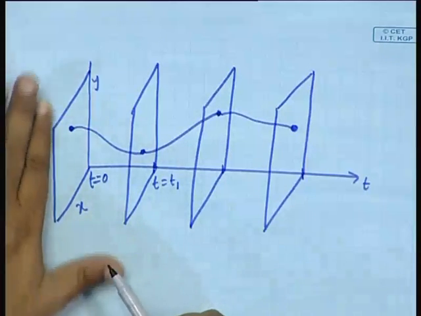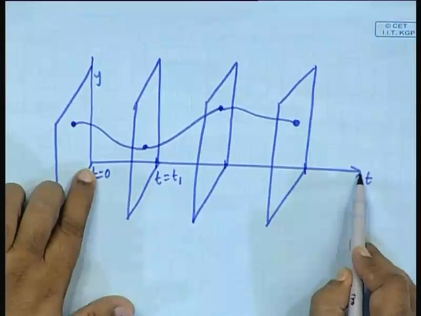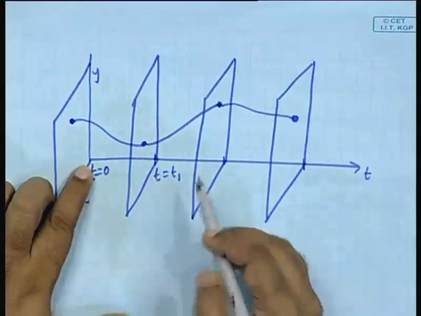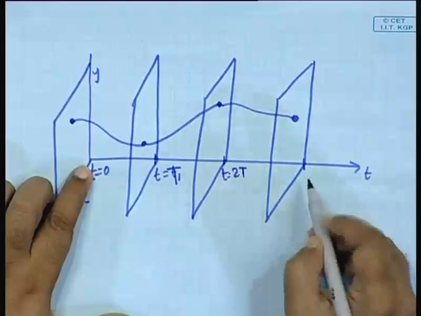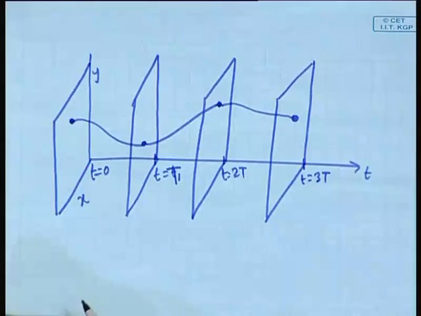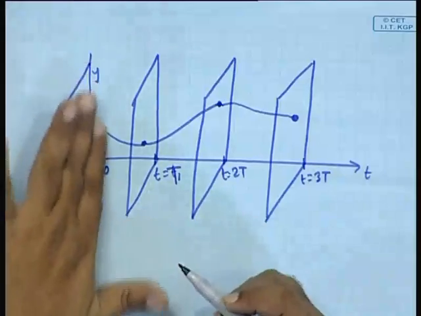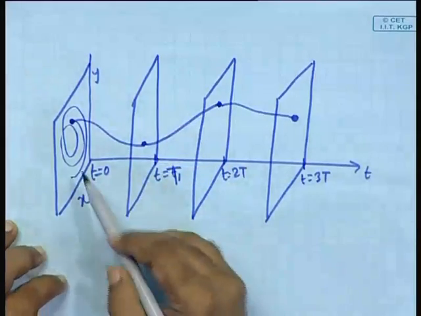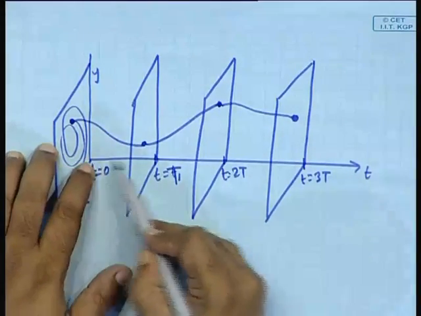So this is the xy state space, this is the time axis in which the time is repetitive every, say, capital T seconds. So, t is equal to T, t is equal to twice T, t is equal to thrice T, and so on and so forth. So, even though if you look at the xy plane, you will see it something like this happening, but the t is proceeding in this direction, and you are observing at equal intervals of t.